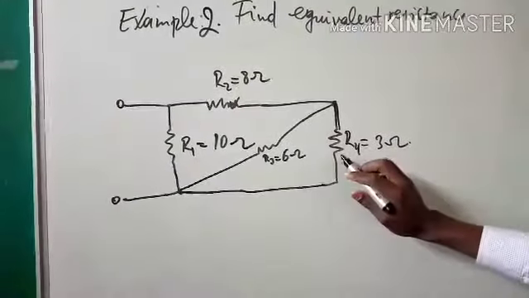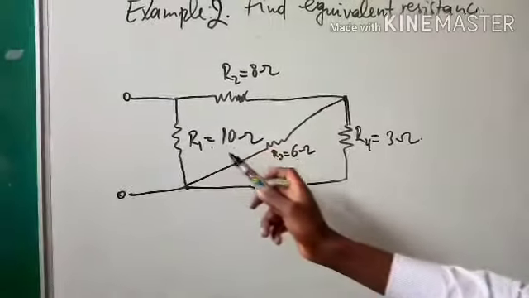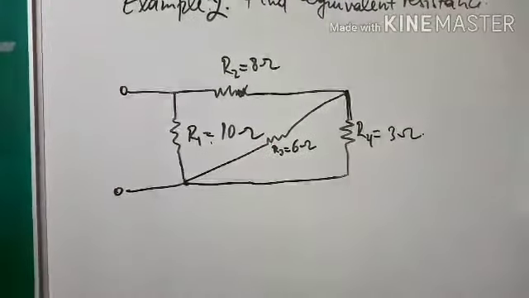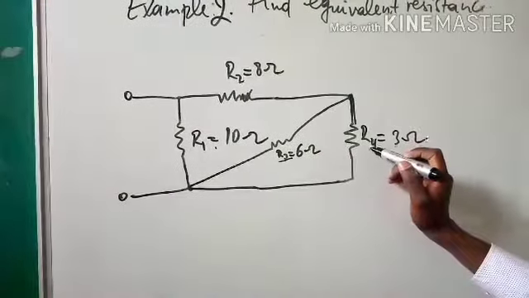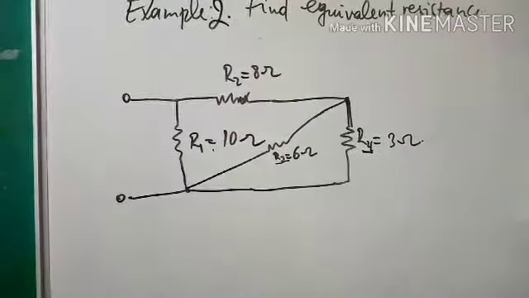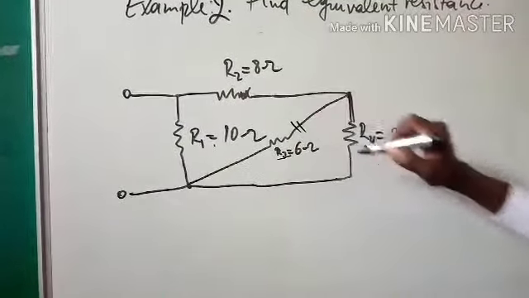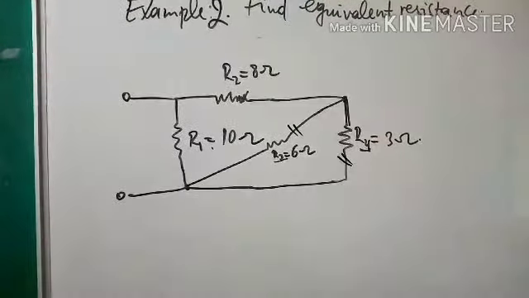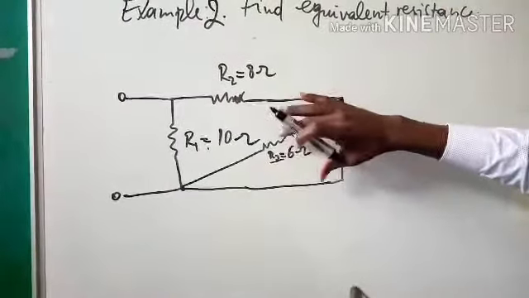Let's see, here we have R2, R1, R3, R4, and we see that this R3 is in parallel with this R4, and after combining this, it will make this circuit easy.